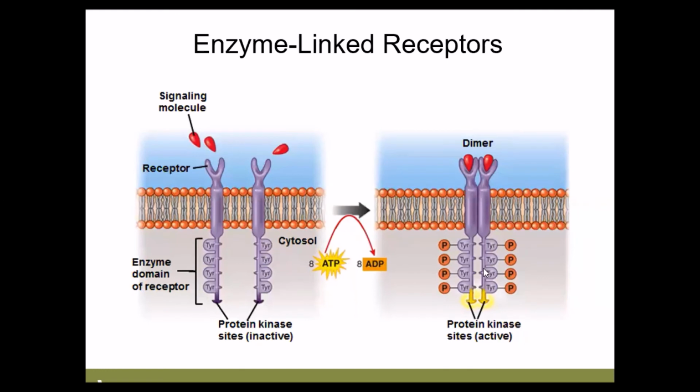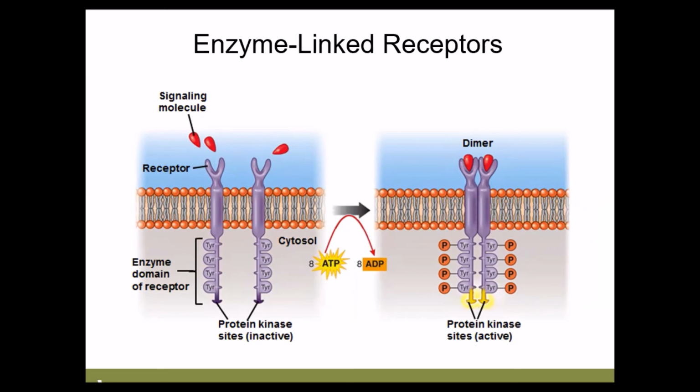One thing to note is this does require energy to work. This ATP here is the energy unit required to get all of this activated. Once this activates, the cell can have some type of response.